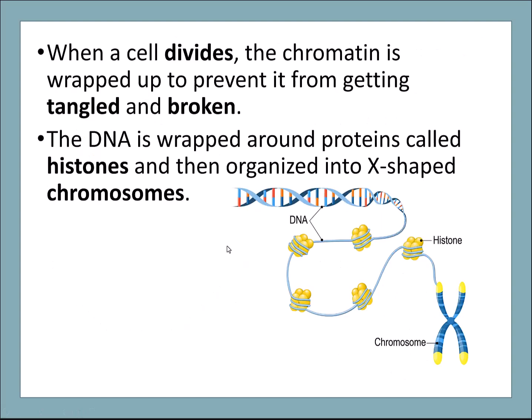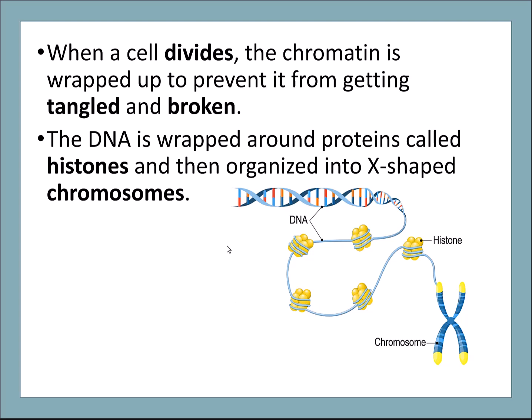When a cell divides, the chromatin is wrapped up to prevent it from getting tangled and broken. Because when a cell pulls apart, you don't want those long strands to get mixed up or wrapped up or somehow broken and wrecked, because the DNA is so important.